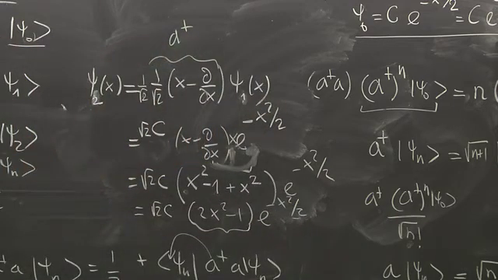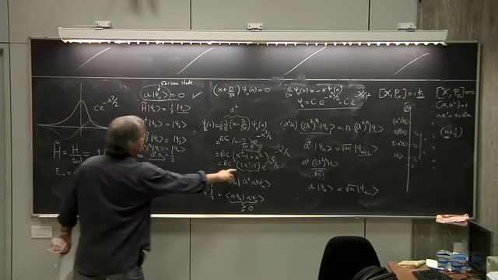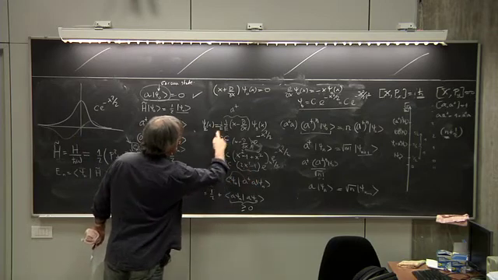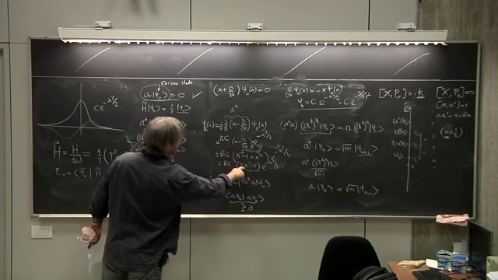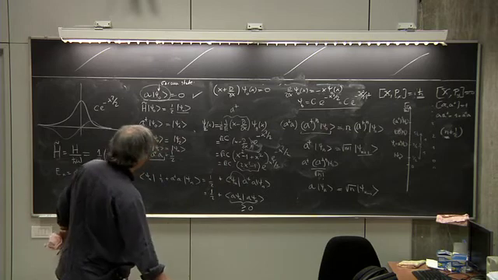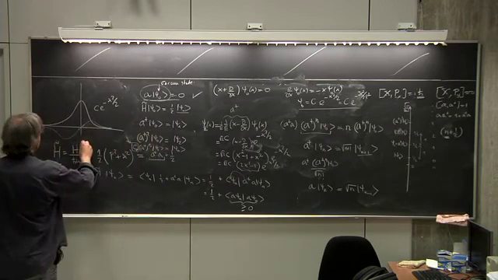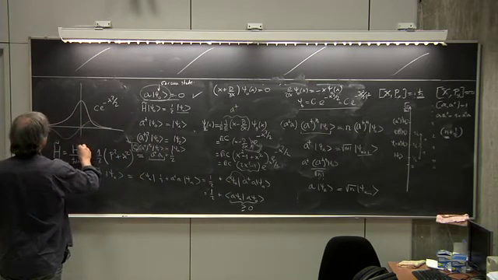This is the second Hermite polynomial, by the way, often called H2 of x. Okay? So if I have kept track of all factors in the same plot, it would be here something minus.